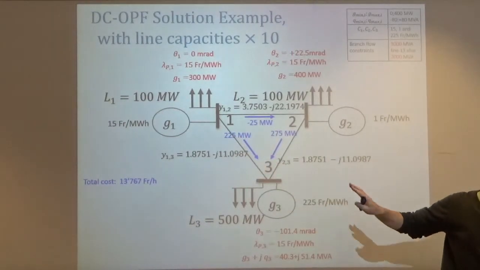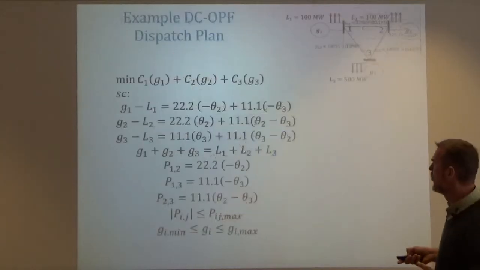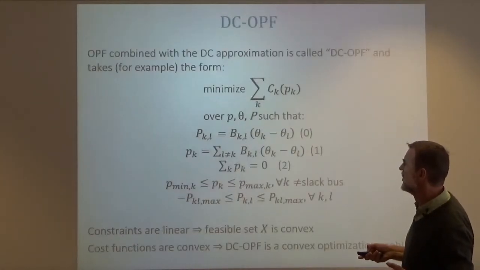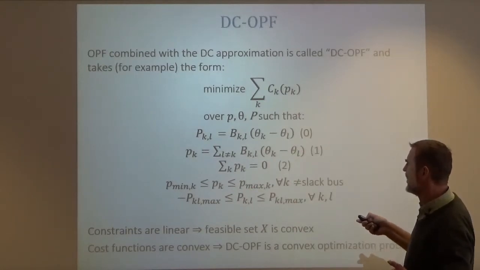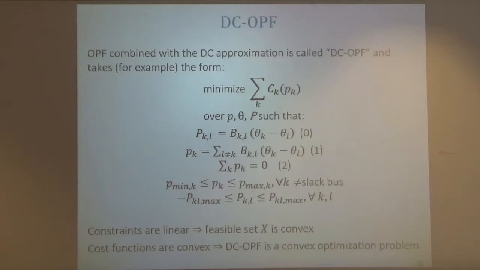Why is the DC approximation doing this? Well, it is because it is still constrained by those voltage equations here. So this voltage equation says that the power that flows on the line is constrained to be proportional to the difference of angles. It cannot be set arbitrarily.